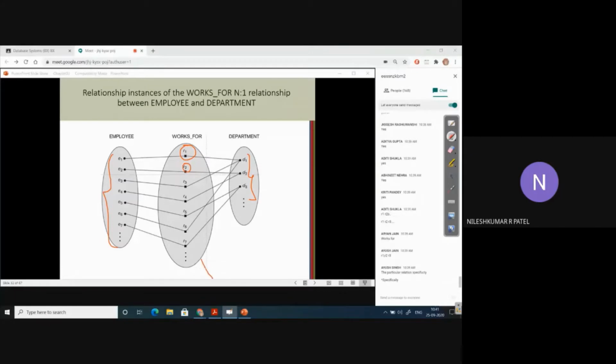This is a relationship set. This is an entity set. This is an entity type. This is a relationship type. So you have to clearly differentiate all these things. If you have any doubt about these terms, please raise your query. I'll explain one more time if you want. So this is all about entities, entity set, relationship instance, relationship set, entity type, and relationship type.